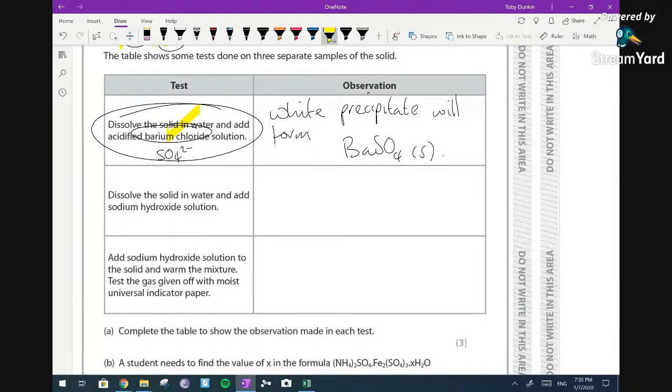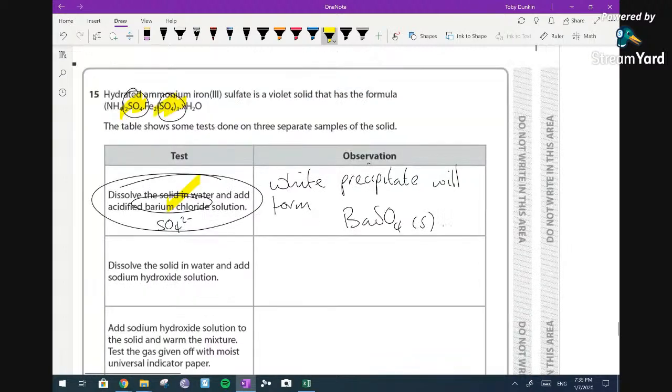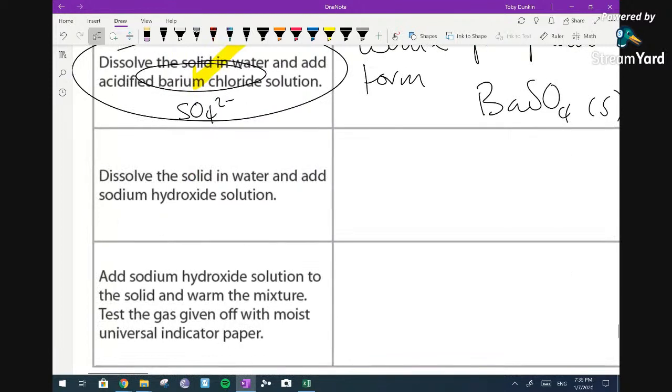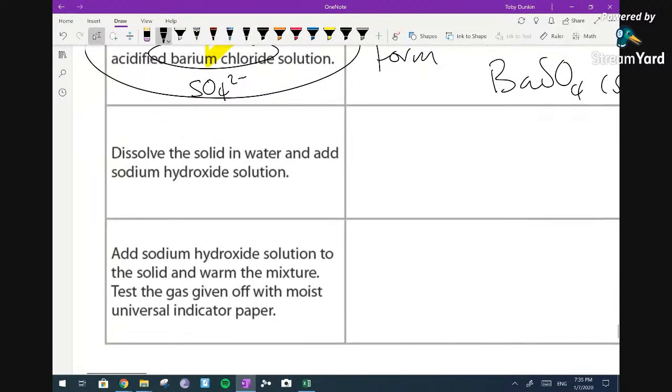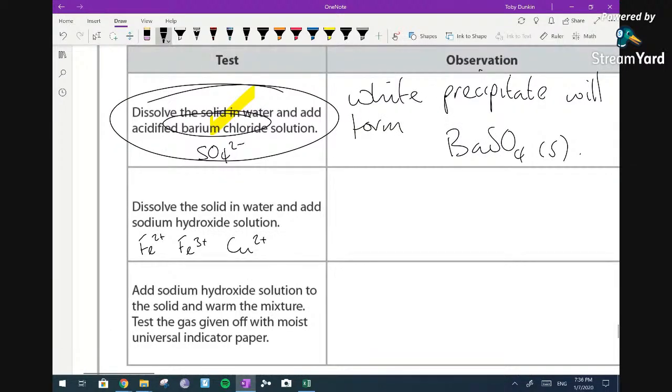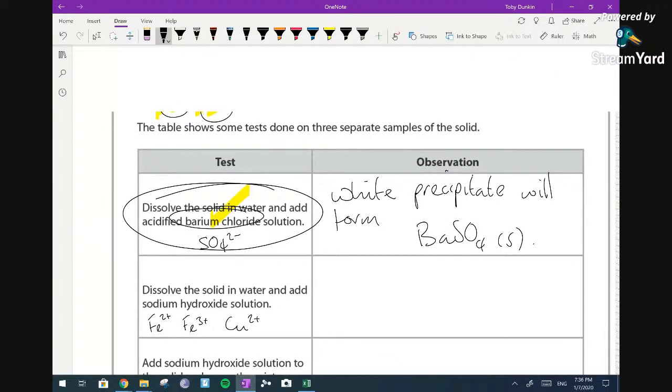Next one, dissolve the solid in water and add some sodium hydroxide. Right, what's sodium hydroxide the test for? The sodium hydroxide is testing for iron 2+, iron 3+, and copper 2+. So we add sodium hydroxide, and am I going to see it?